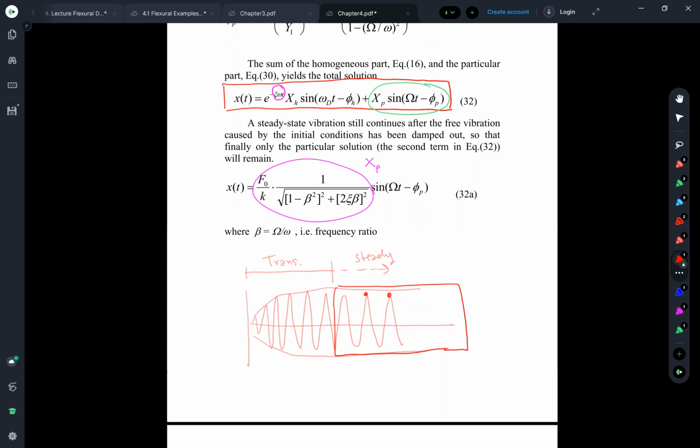But during the exam, if I ask you for the total response, I need from you the combination or the summation of the two terms. You cannot remove the first term, unless I ask you to consider only the steady state vibration. If I ask you so, you consider only the second term as in equation number 32A as your solution. It could be okay.